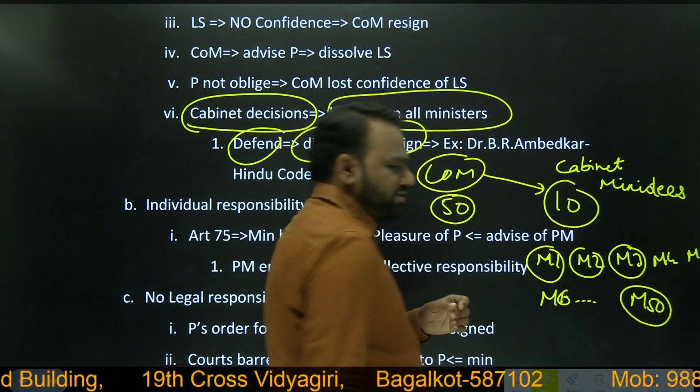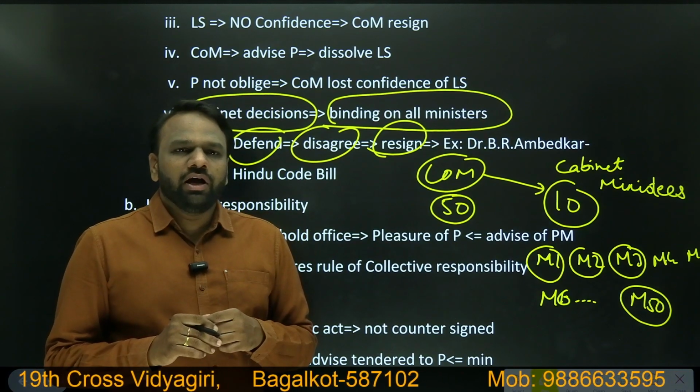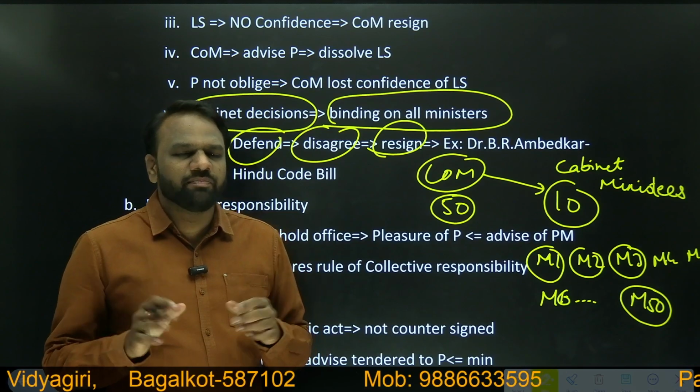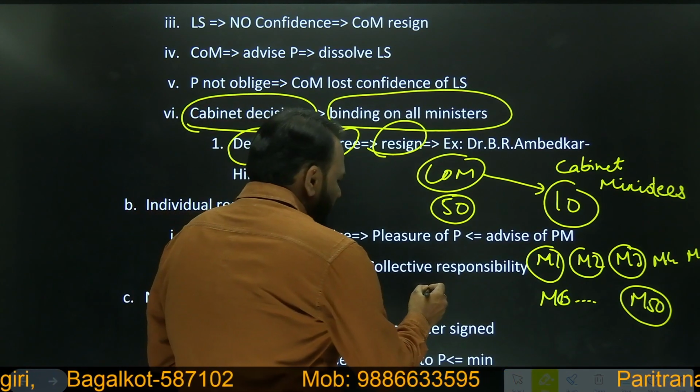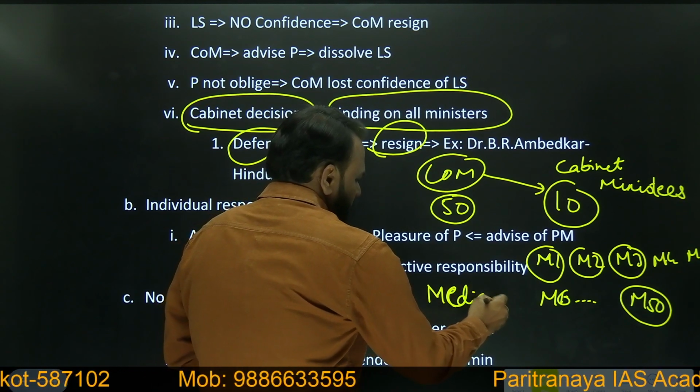Totally we have 50 ministers. Now let us assume we want to take a new decision. Let us assume a decision related to building a new medical college. Just a simple example I am taking.